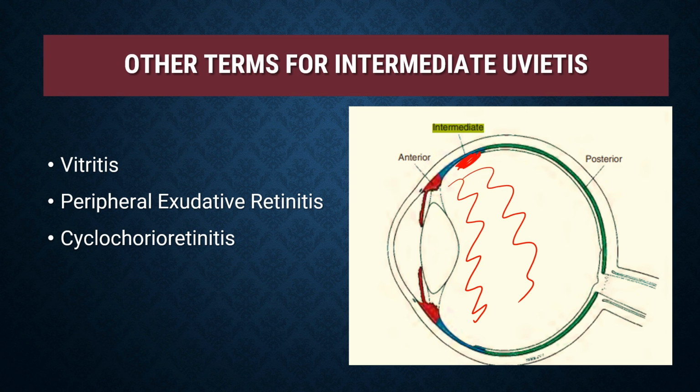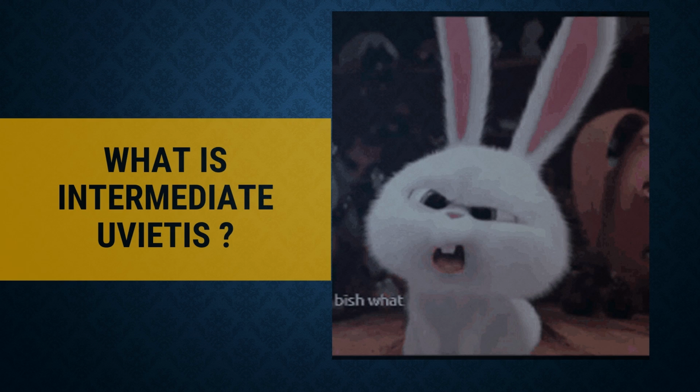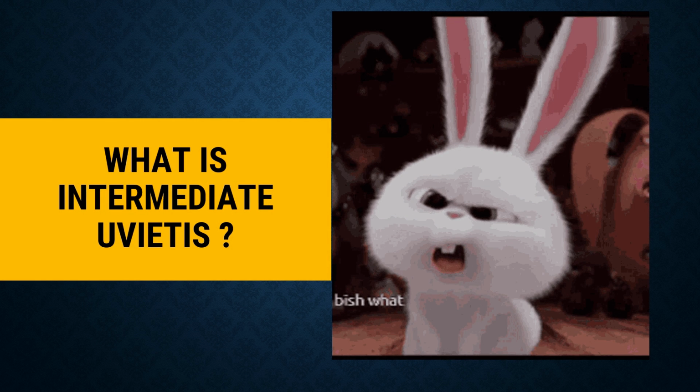Then some prefer to call it cyclochorioretinitis, that means inflammation of the ciliary body with the intermediate part of the choroid and the peripheral retina. Some called it chronic posterior cyclitis, again considering the posterior part, that is the pars plana. And then some prefer to call it peripheral uveoretinitis, right? So there is so much confusion as to what term to use for intermediate uveitis.